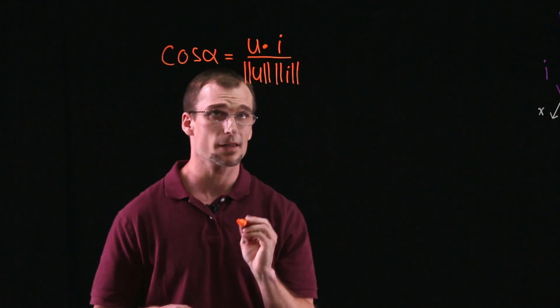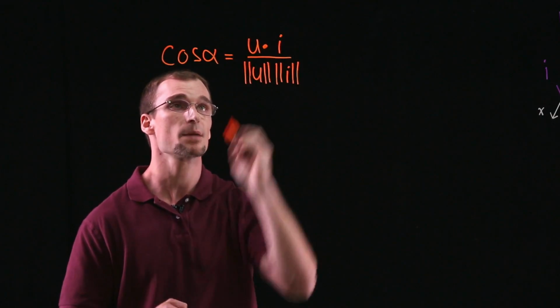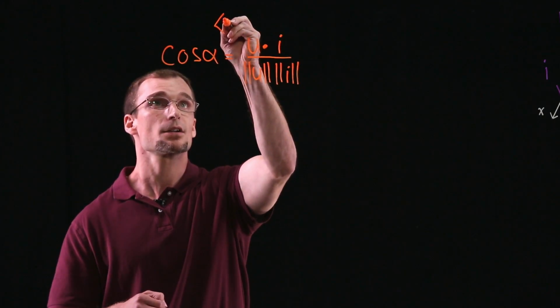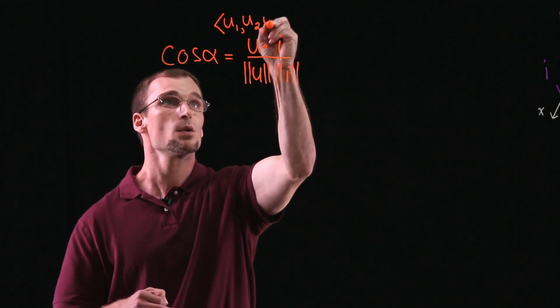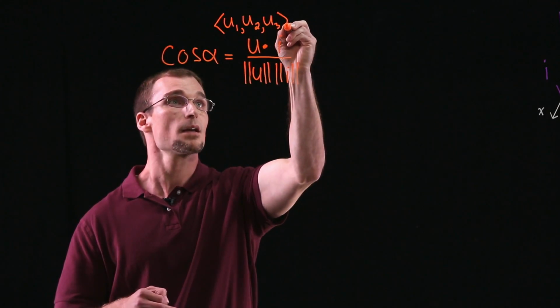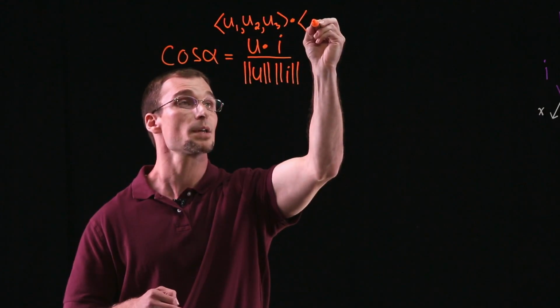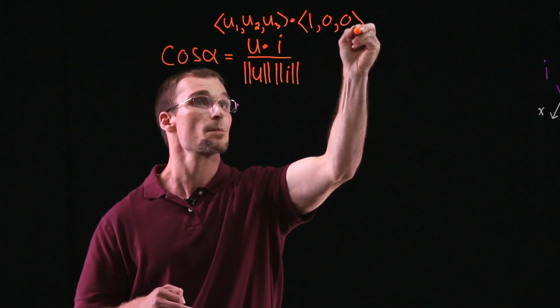Now, of course, we can simplify this a little bit if we just remember what happens when we have a vector times a unit vector. So u, which we'll take as the vector with components u1, u2, and u3, is dotted with the unit vector i with components 1, 0, and 0.